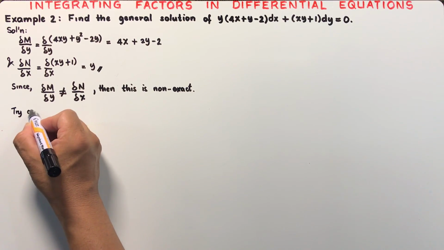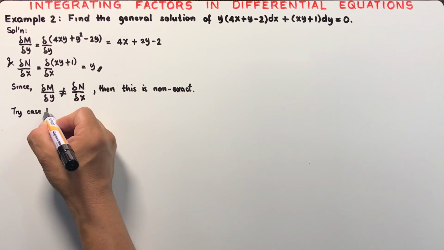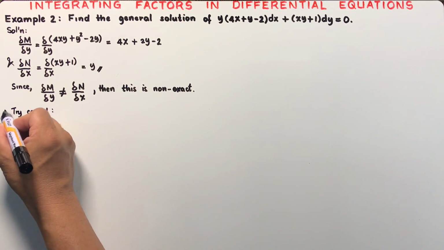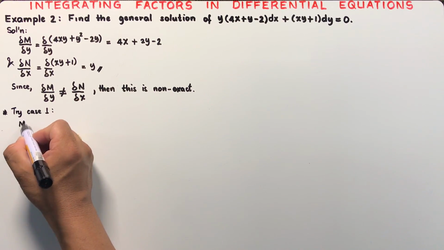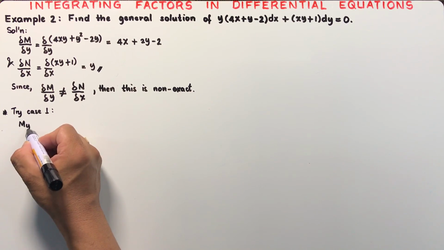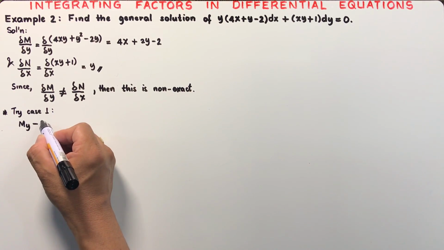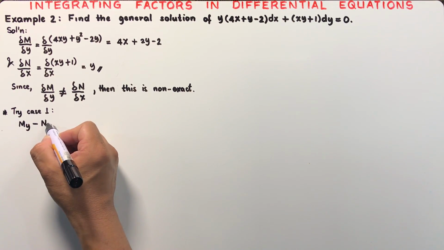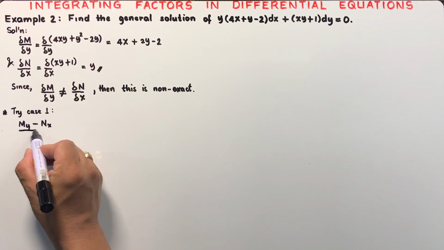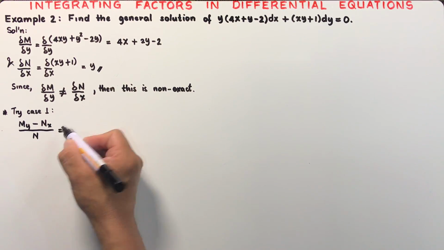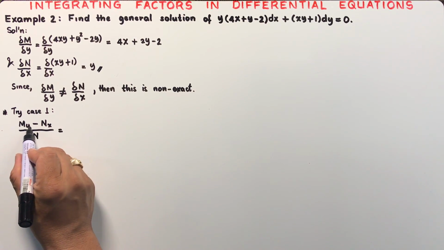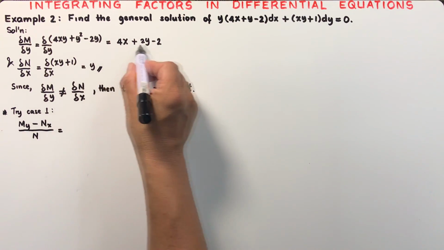So try case 1 in the non-exact differential equation by solving our partial derivative of M with respect to y minus the partial derivative of N with respect to x, divided by N. And we know that our partial derivative of M with respect to y is this one here.